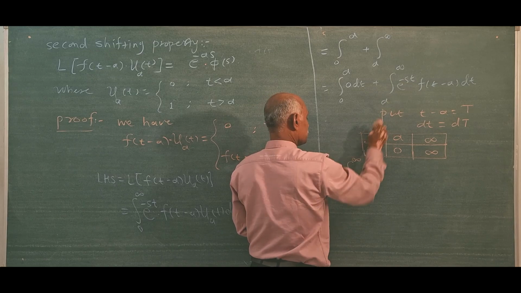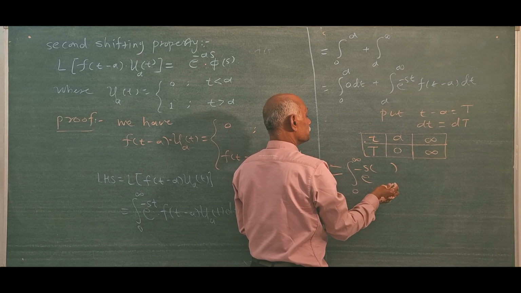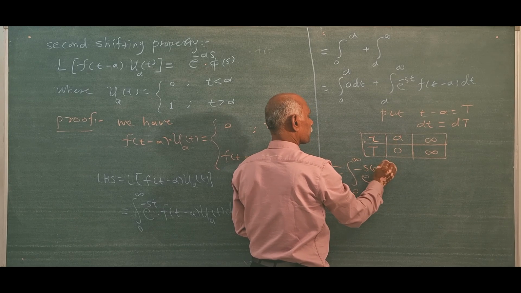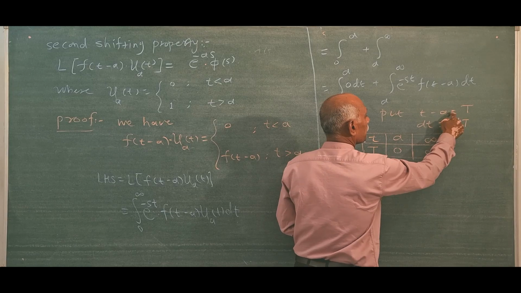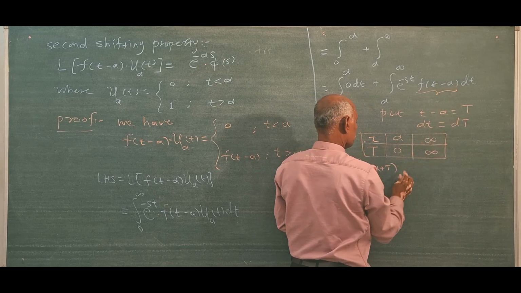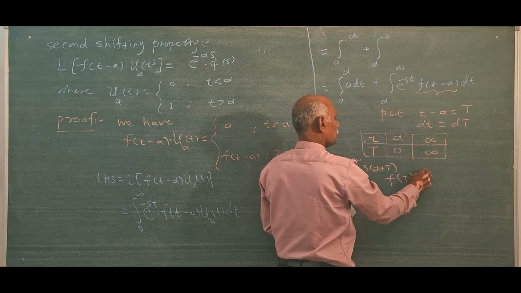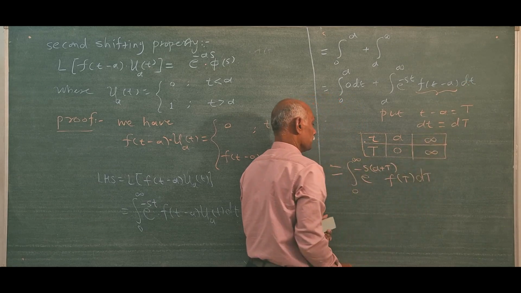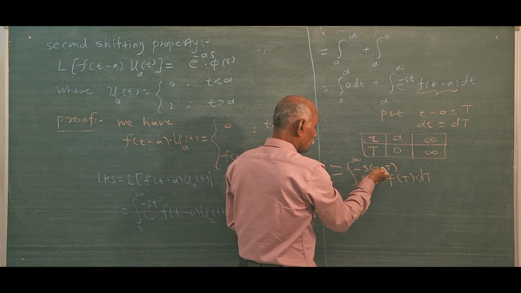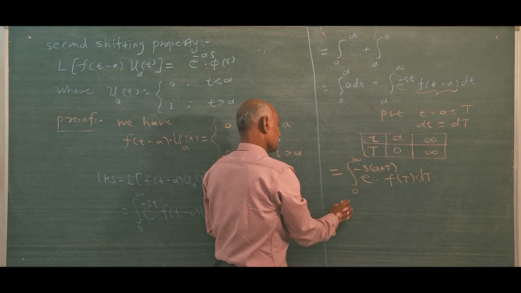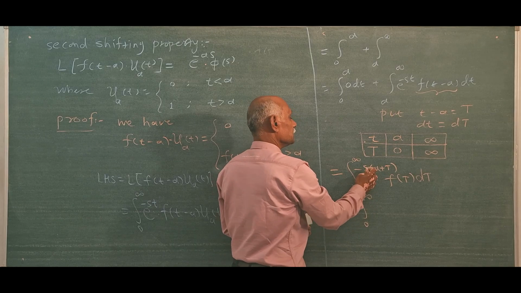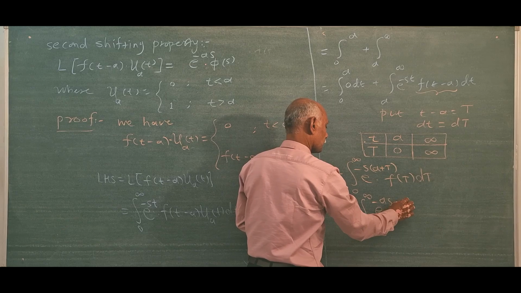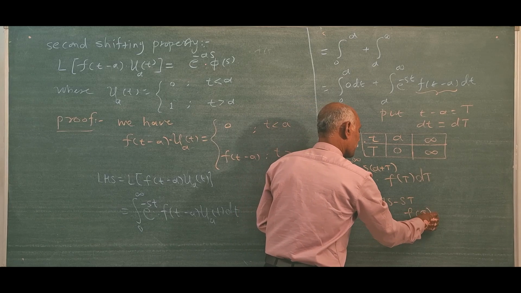Here e to the power minus s t is going to change. Small t is nothing but a plus capital T. Okay, small t is equal to a plus capital T. This full value is supposed to be small f, and here also dt becomes dT directly. So how to simplify this? You can imagine it this way: e to the power minus a s, then e to the power minus s T, f(T) dT.